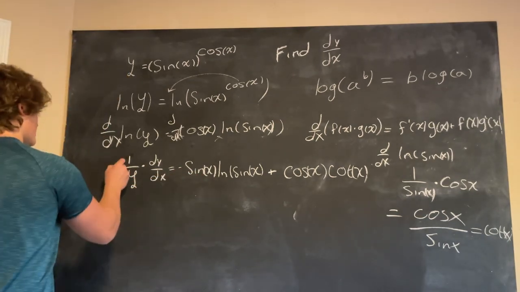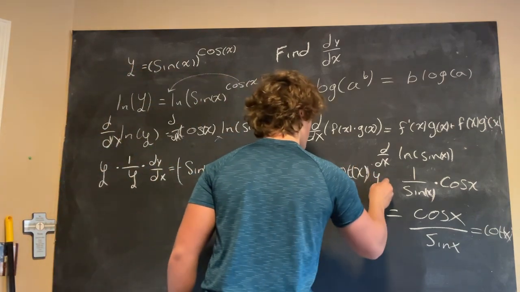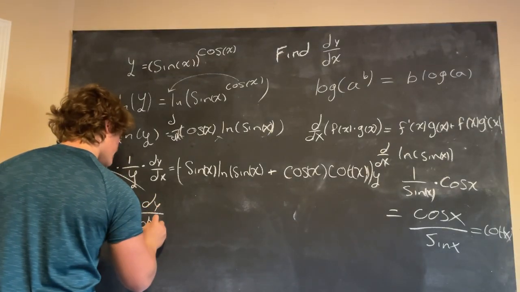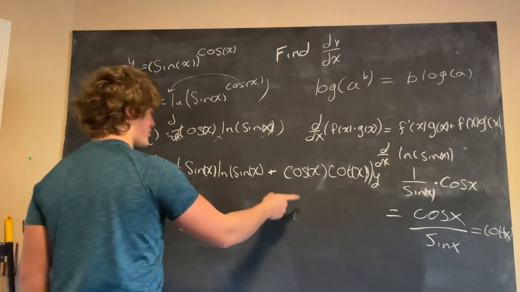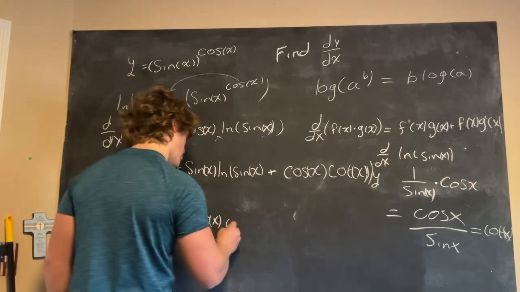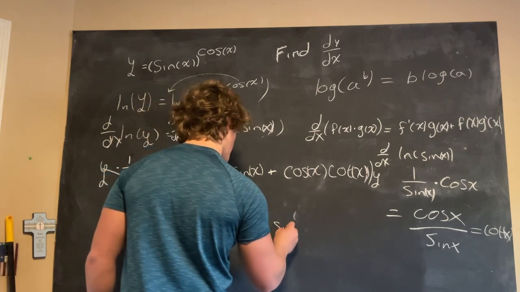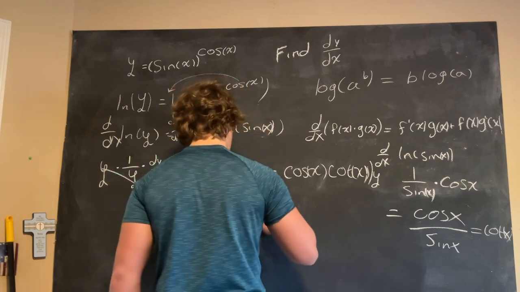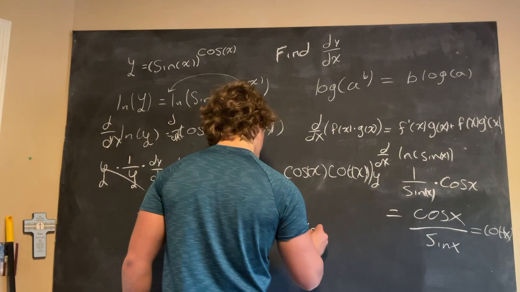Now we are going to multiply both sides by y to get dy over dx by itself. These y's cancel and we get dy over dx is equal to, let's rearrange these so that we have the positive first and then the negative second, cosine x times cotangent of x minus sine x times ln of sine of x.